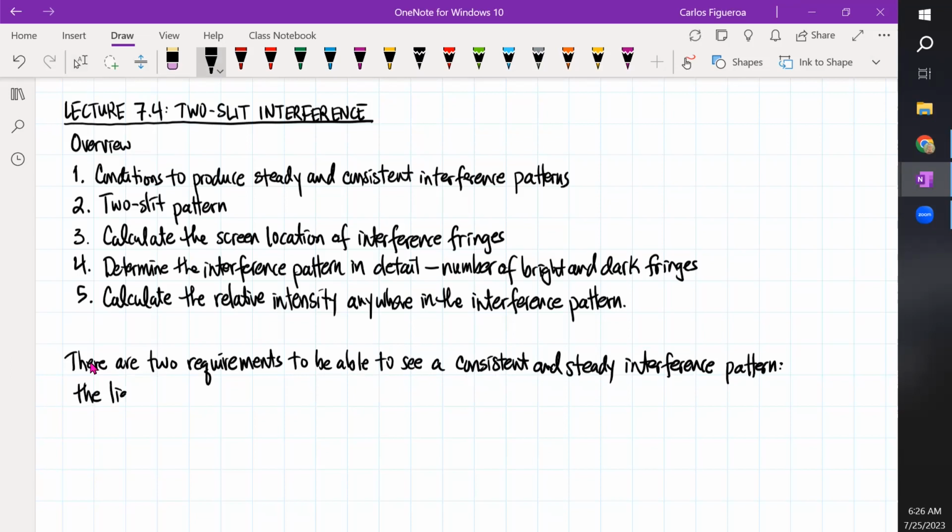The light source must be monochromatic and coherent. And those are the two things that we want to look at.